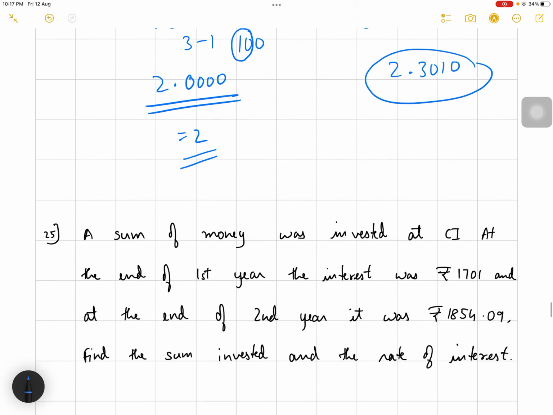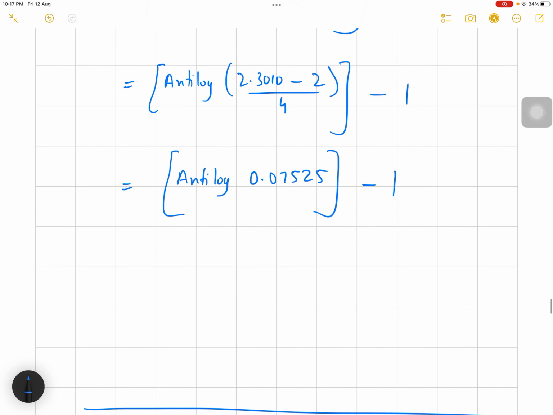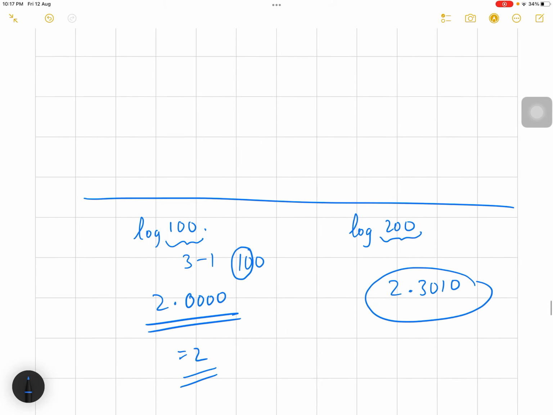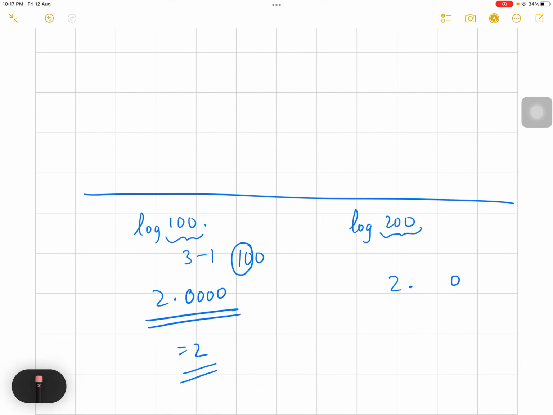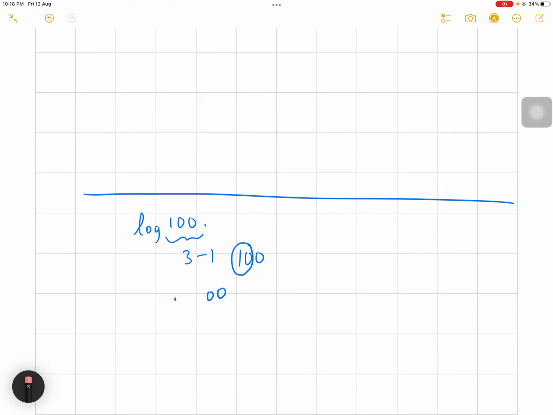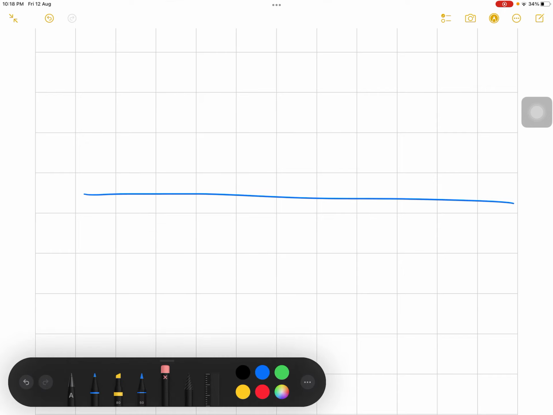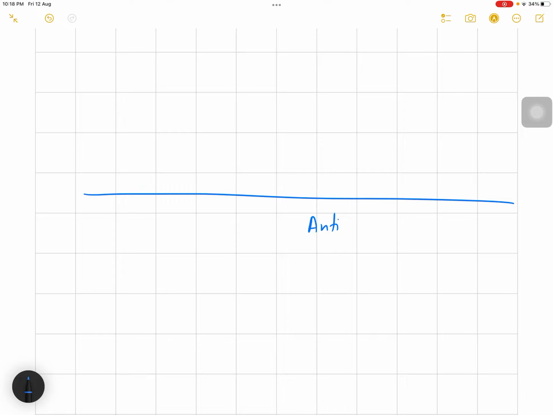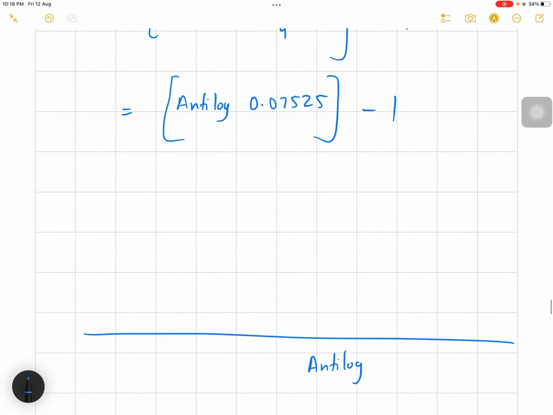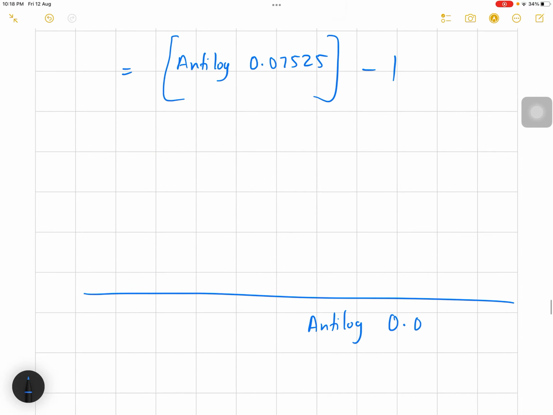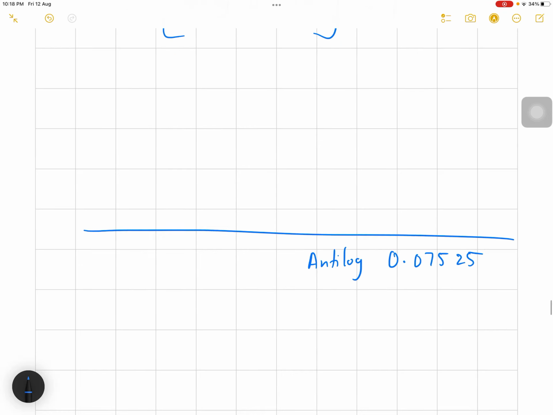Antilog of 0.07525. Before the decimal there is no digit, that means there is 0. So 0 plus 1 will become 1 point.